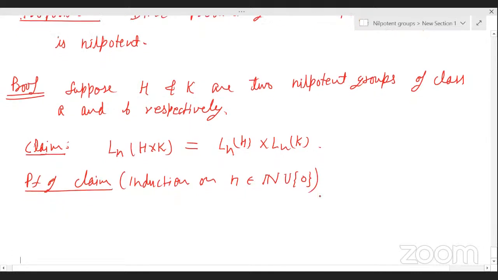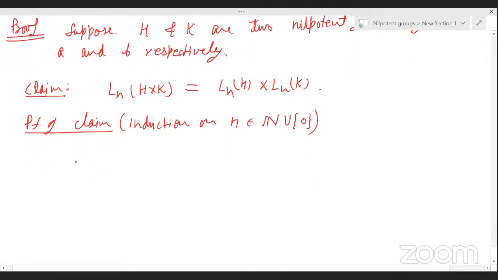Now, for n equal to 0, L_0 of H cross K, by the definition of L_0, is H cross K, and by the definition of L_0 again, it can be written as L_0 of H cross L_0 of K. So for n equal to 0, this holds.